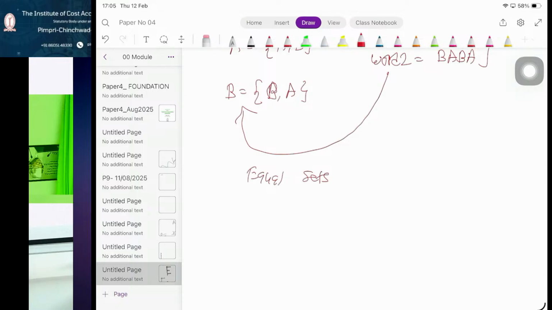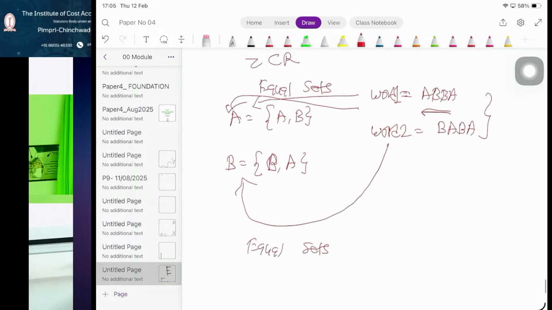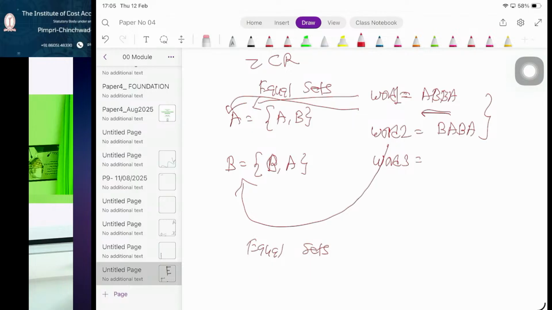There can be 2 sets or more than 2 sets which are equal. Suppose I have taken the third word, word number 3, as say Abu, AABB.